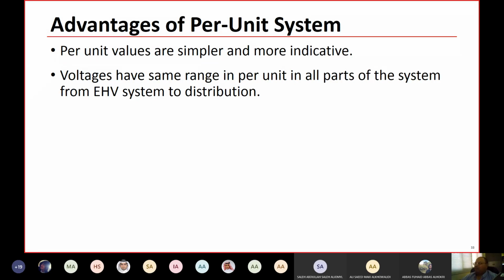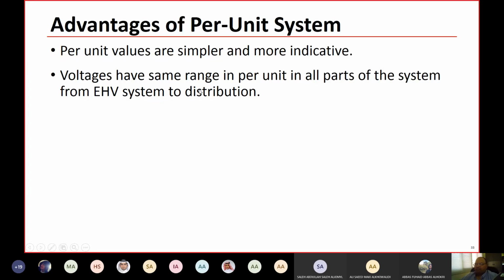I need to know the rated value in order to judge whether this value is high voltage or low voltage. So if you are given a voltage of 1 per unit, it indicates that the voltage is equal to the rated. 0.95 means 95% of the rated and so on. So the per unit quantities are indicative.